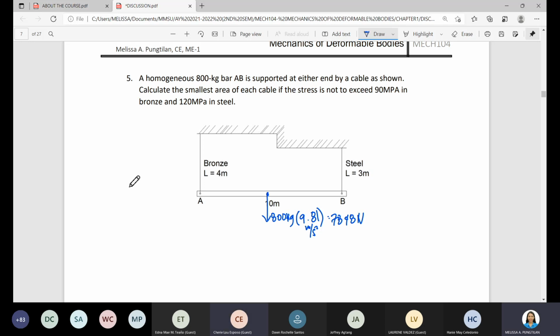So, we have here the force at PB. Nakahang daw yung ating 800 kilogram bar. That is, may naka-attach na bronze and steel end to end. So, this is equal to 7,848 Newton.